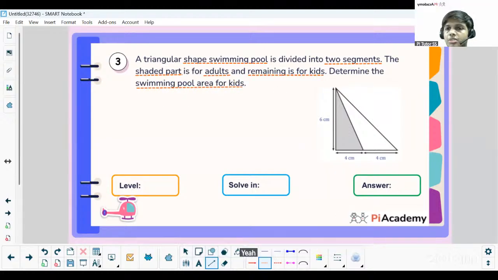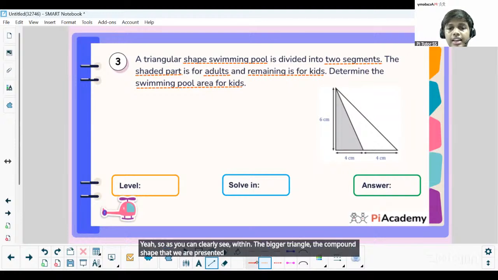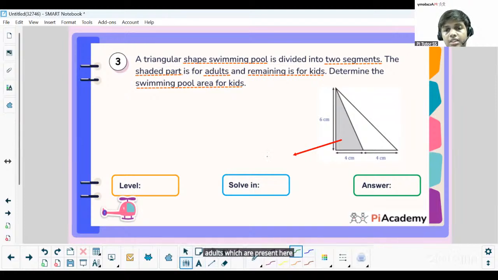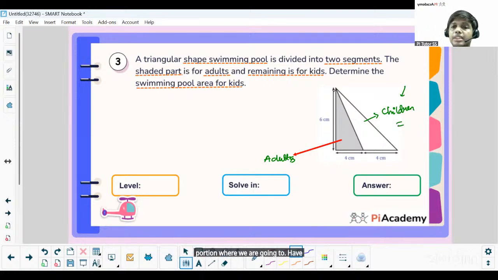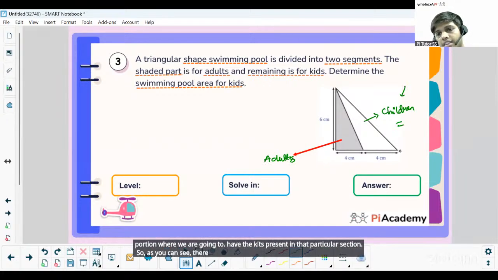So as you can clearly see within the bigger triangle, the compound shape that we are presented with, the gray portion represents the area for the adults. Now I need to calculate the area for the portion where we are going to have the kids. There is a bigger triangle in front of us.